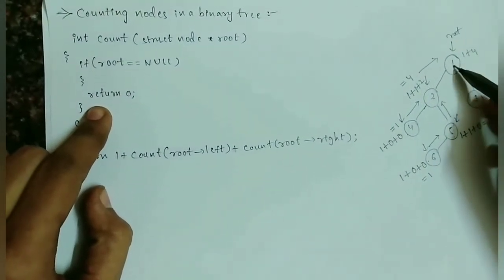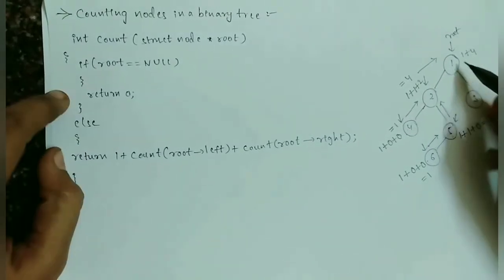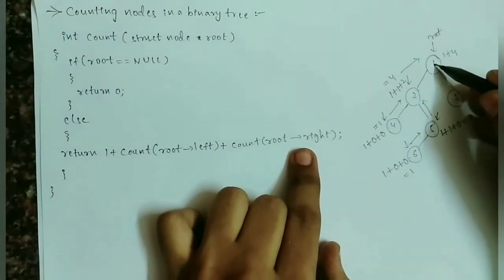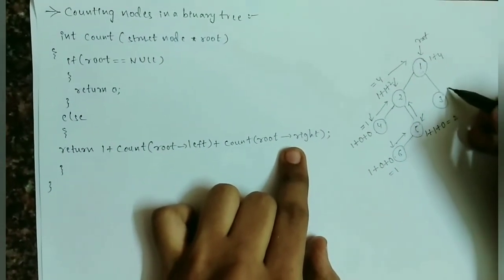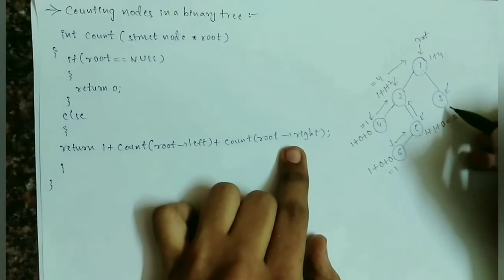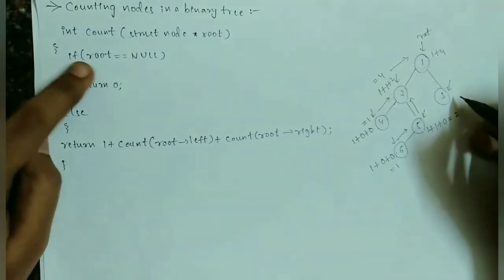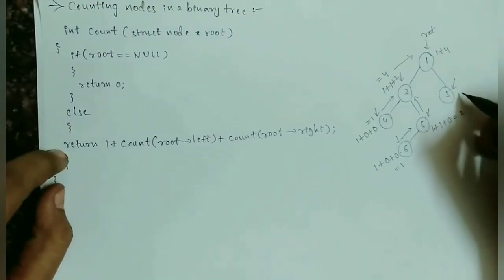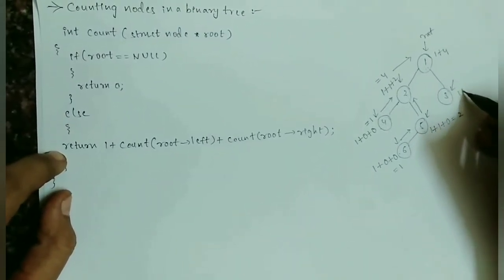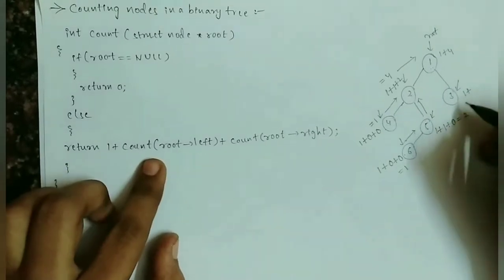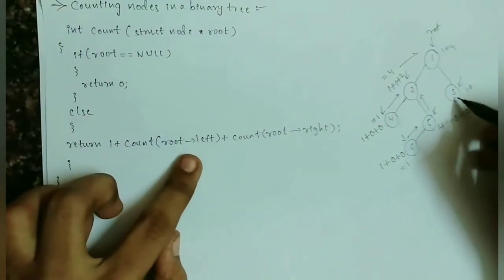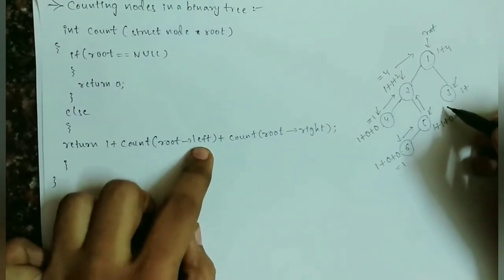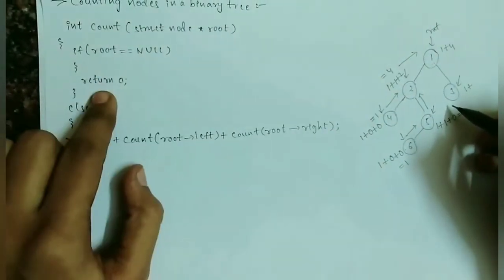Now the root node checks its right subtree to see how many nodes are present. The pointer points to node 3. The root is not equal to null, so it goes to the else part and returns including itself, add 1, and counts its left subtree. No nodes are present, so the pointer points to null, the if condition becomes true and it returns 0.